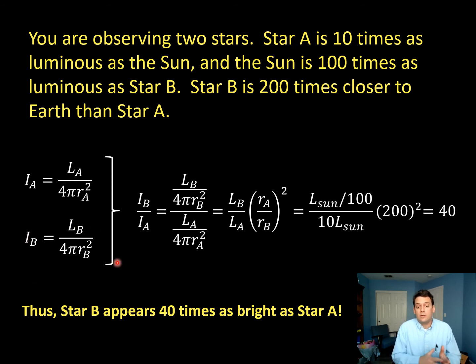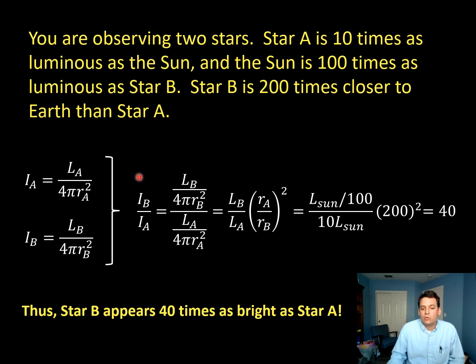So the key now is to divide these two expressions, because we're trying to figure out which star is brighter, right? So we want to know, how do the intensities compare? So we're going to divide the intensity of star B by the intensity of star A. And when we do that, after just a little bit of algebra, we can cancel out the factors of 4 pi.